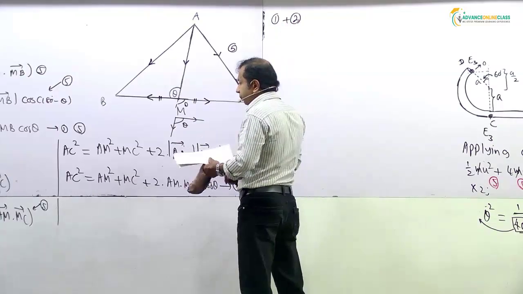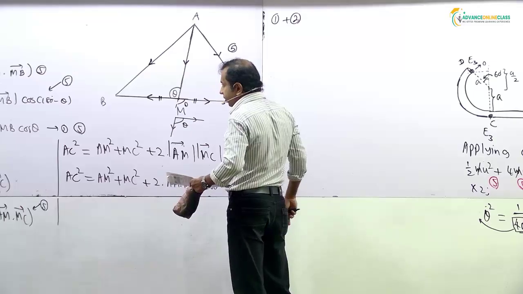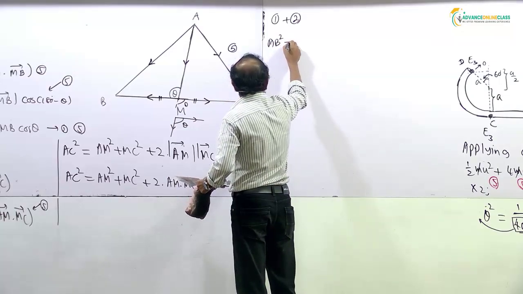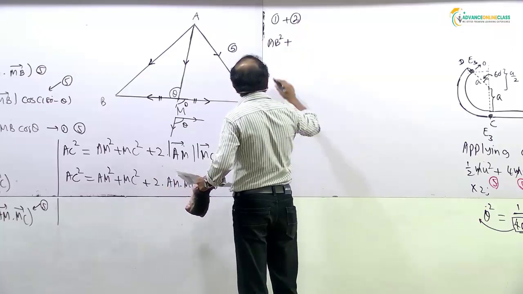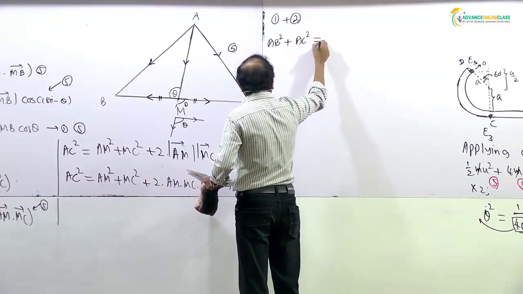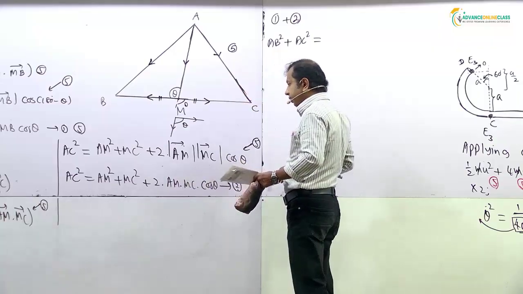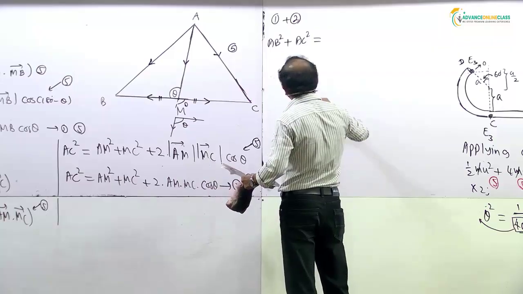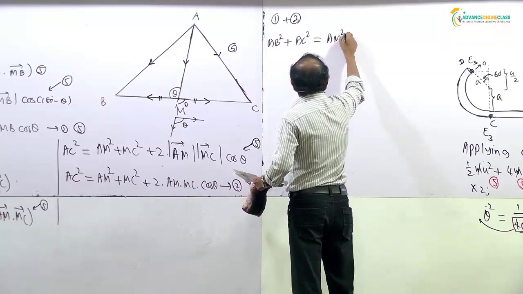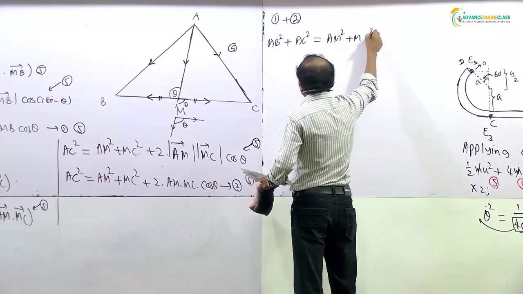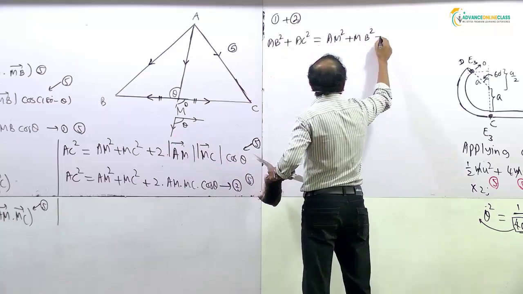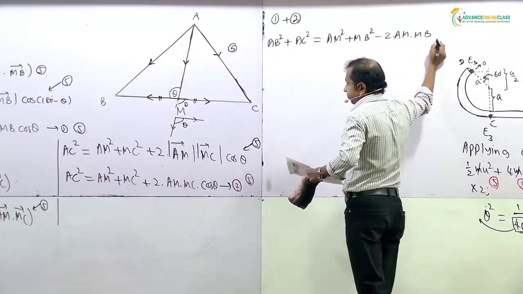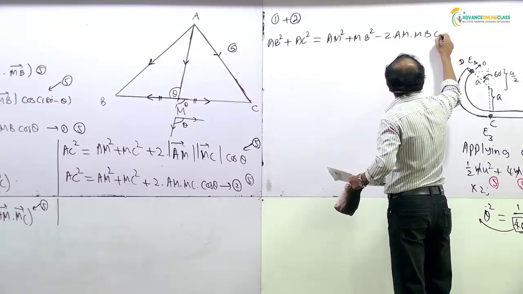When you add 1 and 2, on the left hand side of 1 we have AB squared, and on the left hand side of 2 we have AC squared. On the right hand side, AM squared plus MB squared minus 2 AM into MB cos theta.